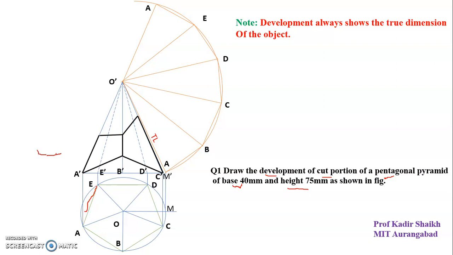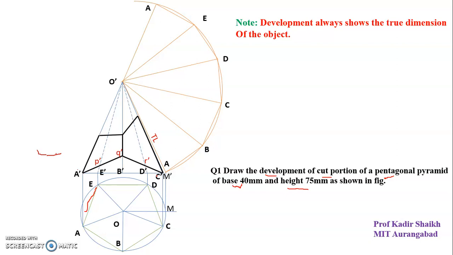Now we will locate the cut section. To start with the cut section, let me start with the bottom triangle which starts from A dash, B dash and ends at C dash. So naming these cutting points as P dash, Q dash and R dash. Remember, A dash and C dash are also cutting points, but we are not naming them differently.